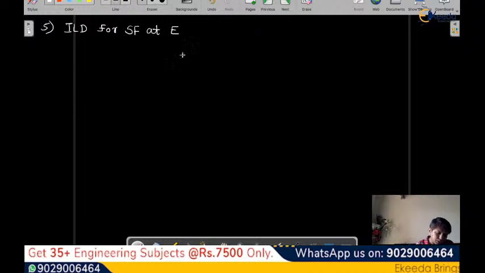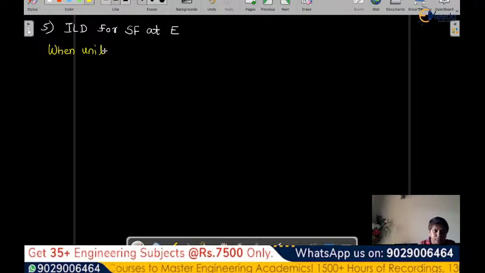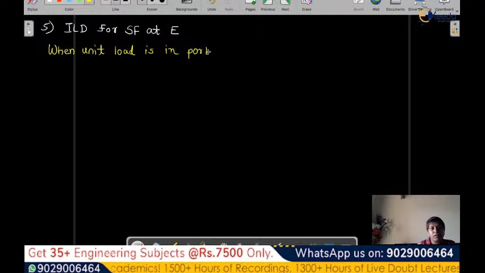Now for this portion again, let's consider when the unit load is in portion AB.